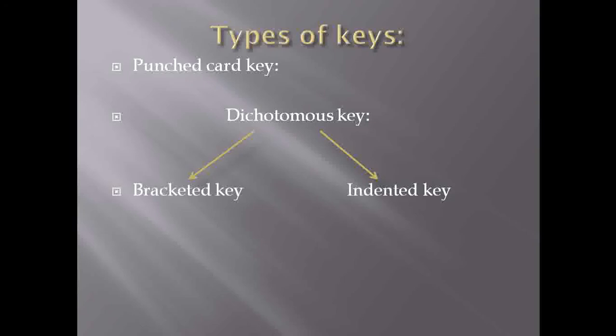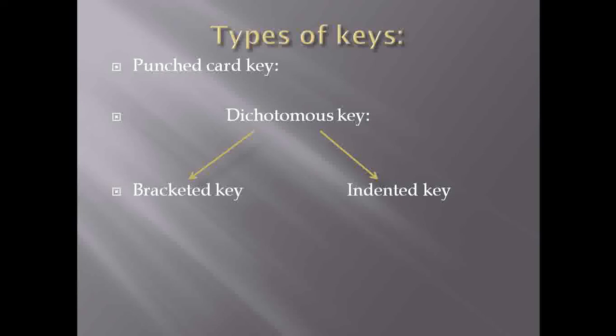Earlier there were two main types of keys available. The earlier key is known as the punch card key. In that punch card key, the main character of that particular family is written in the corner of the cards. That method is called a punch card key, and later on this concept was changed, and the next type of key that came forward is known as the dichotomous key.